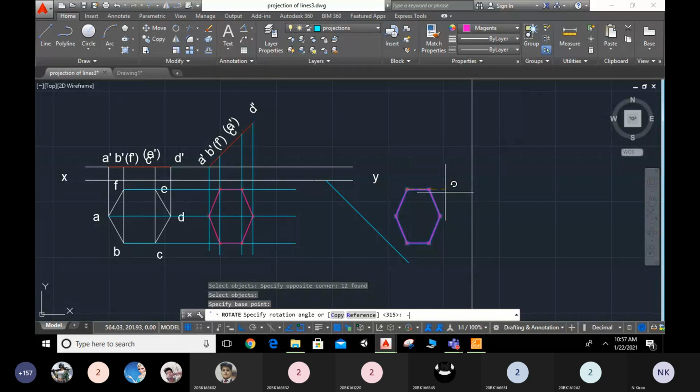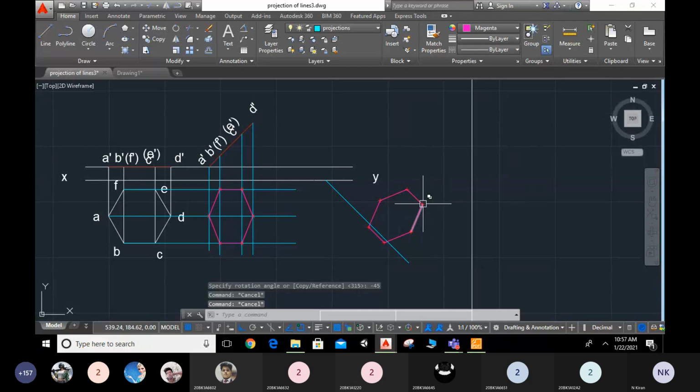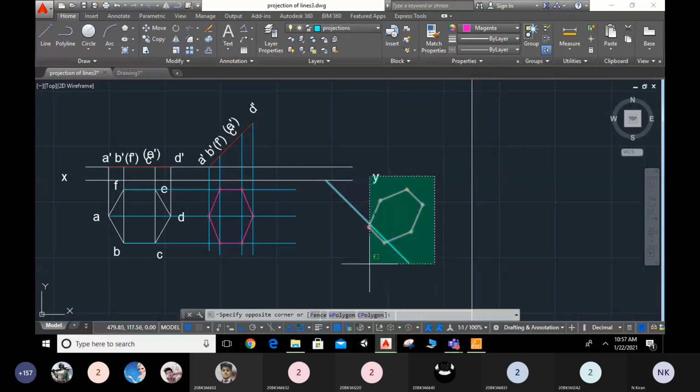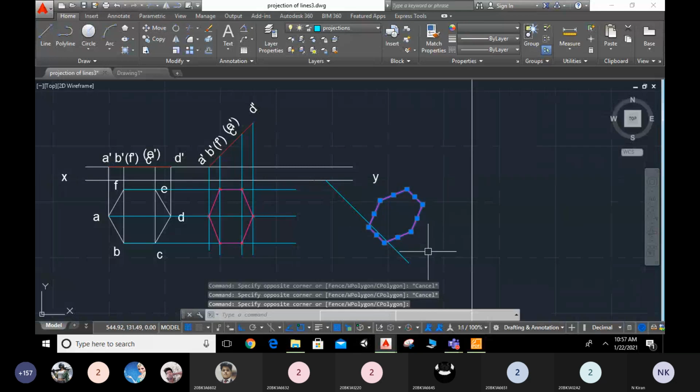Or else, let us try. And what is the angle? Minus 45, even though it is taking some other angle. So what I will do, instead of that one, exactly it should be rotated 90 degrees. Otherwise, it should come exactly on this line.